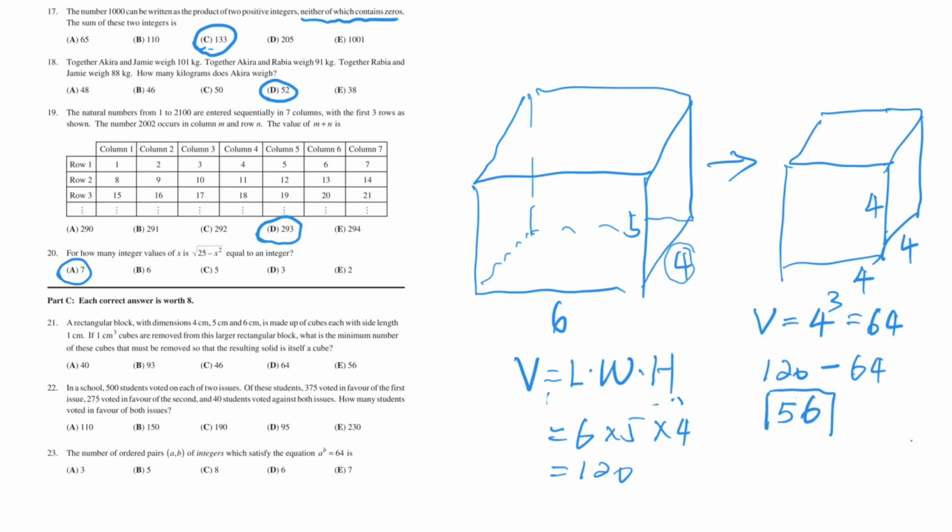So the minimum number of cubes we remove is 56, which leaves us 4 by 4 by 4. So for number 21, the answer is E.